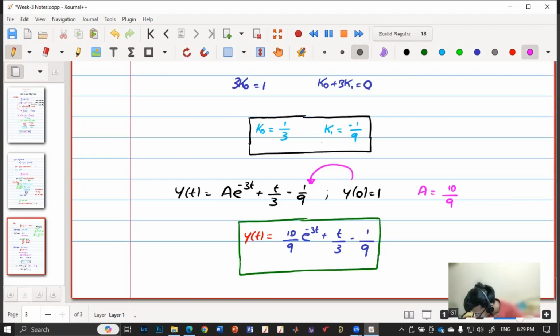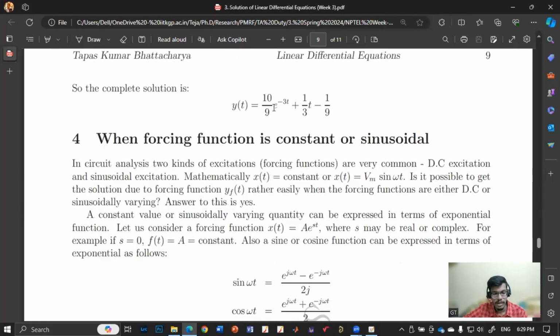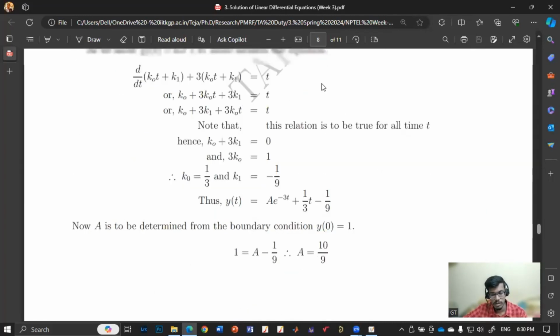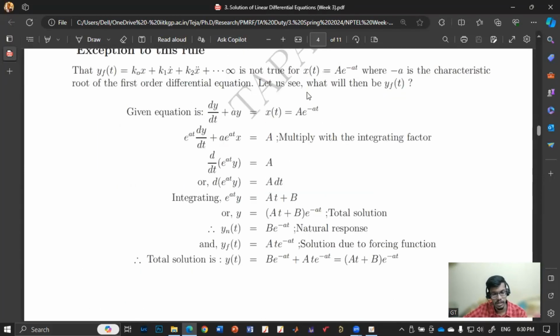And out of that, this is my natural response and this is my forced response. I'll just check whether my answer is matching or not. My y of t is 10 by 9 e to the power minus 3t plus t by 3 minus 1 by 9. So it is exactly matching with whatever we should be getting, and it is fine.